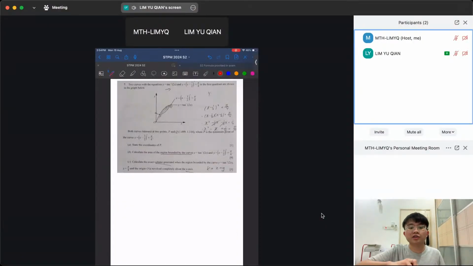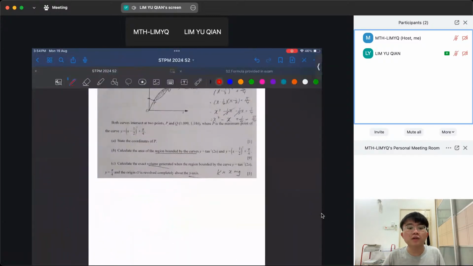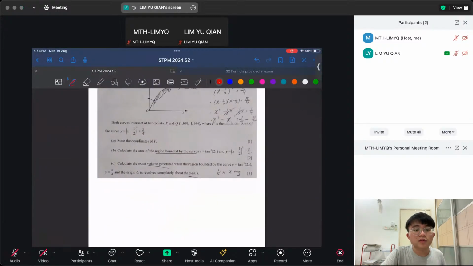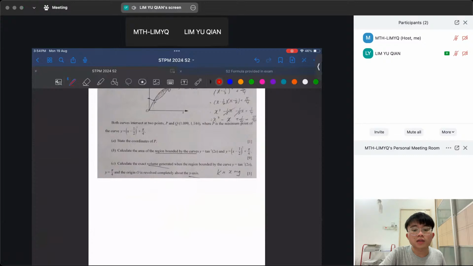Okay, Zoom meeting. Let's continue with section B, the more difficult part. Most people say it's more difficult, right? Okay, let's look at section B. Let me adjust the screen.